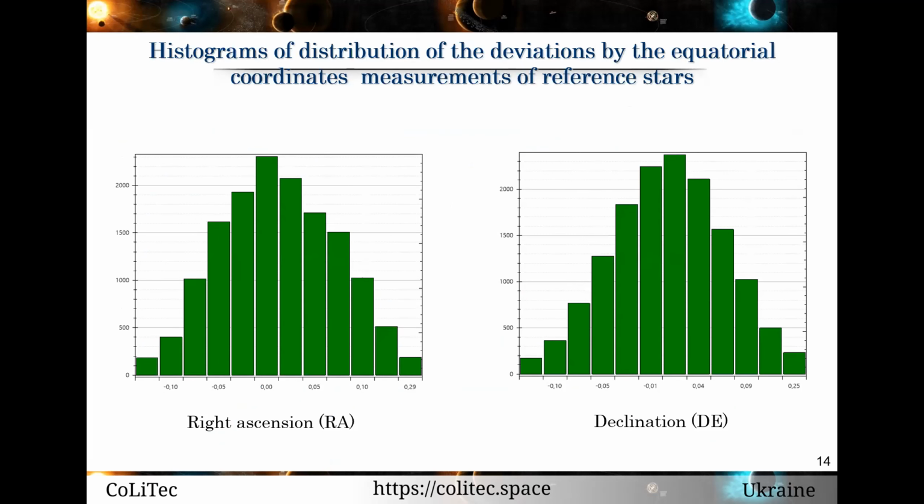As a result of experiment, you can see the histograms of distribution of the deviations by the equatorial coordinates measurements of reference stars. Right ascension on the left side and declination on the right side.